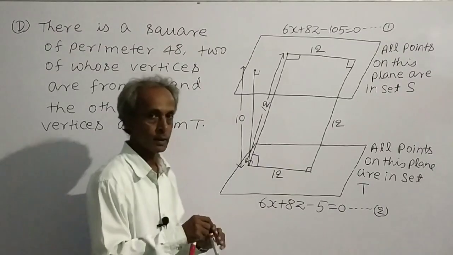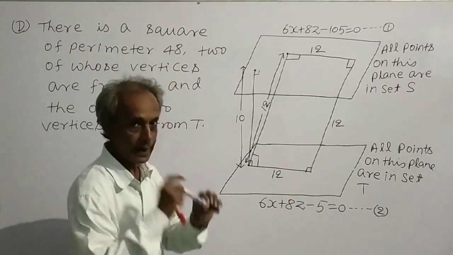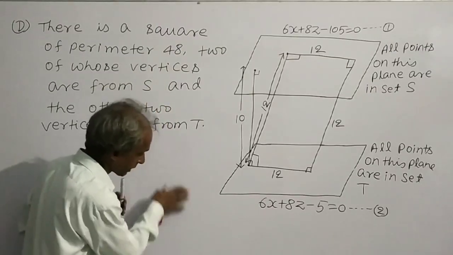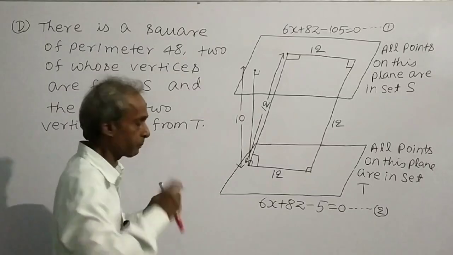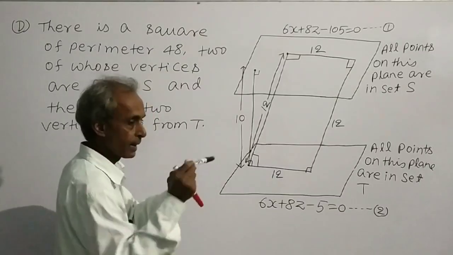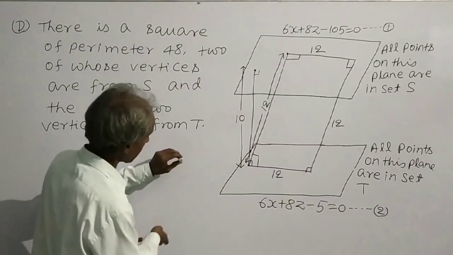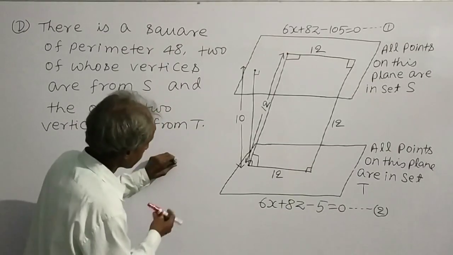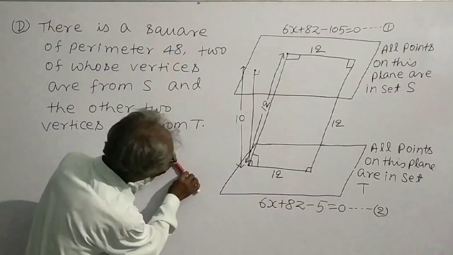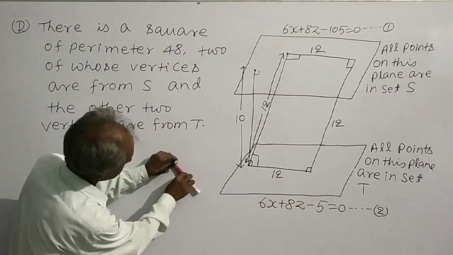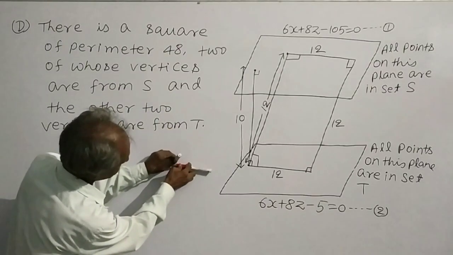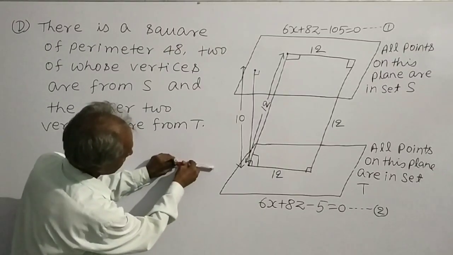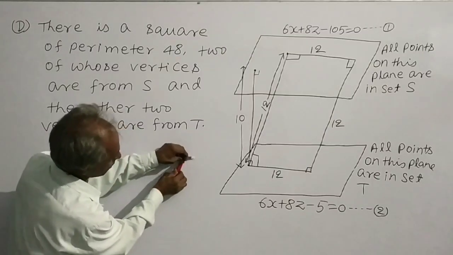When a line is perpendicular to a plane, suppose this board is a plane, then every line in this plane will make a 90-degree angle with this perpendicular.